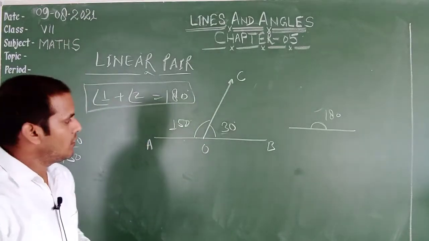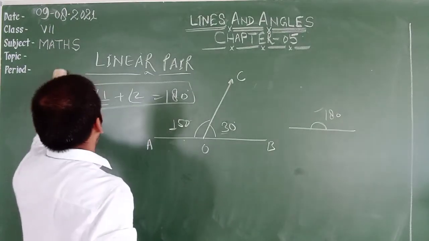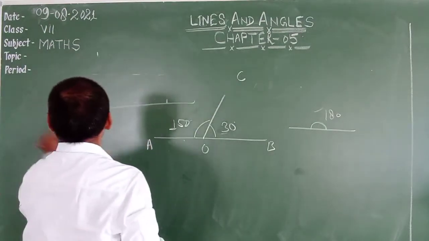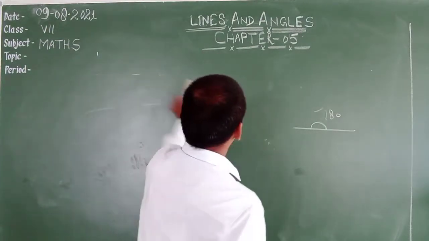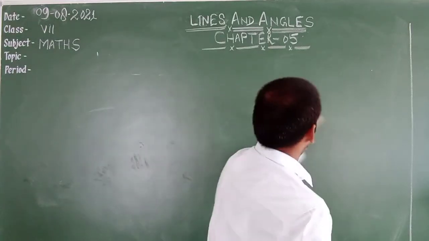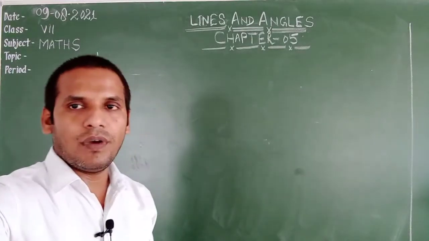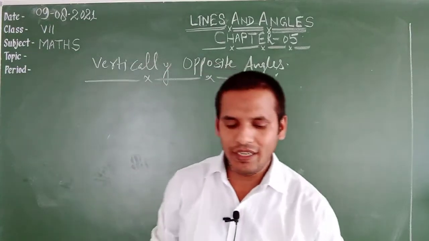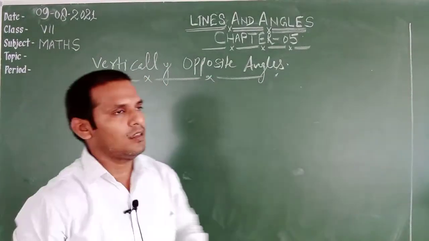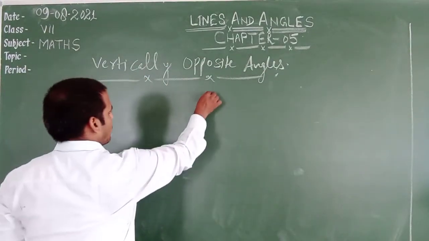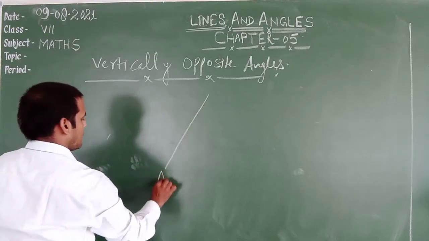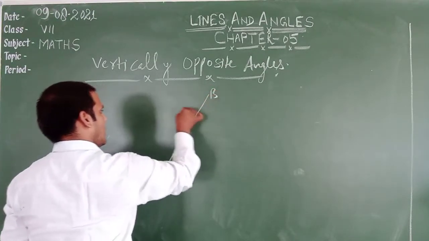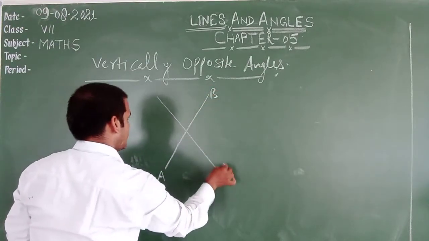Okay. Now the next is the vertical opposite angle. What is the vertical opposite angle? Suppose AB is a straight line and CD is another straight line.